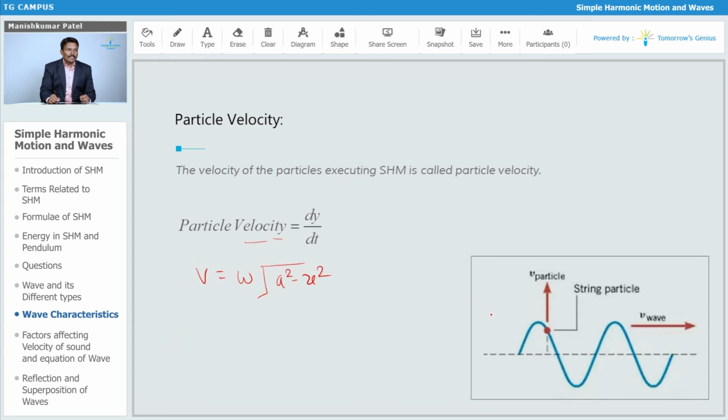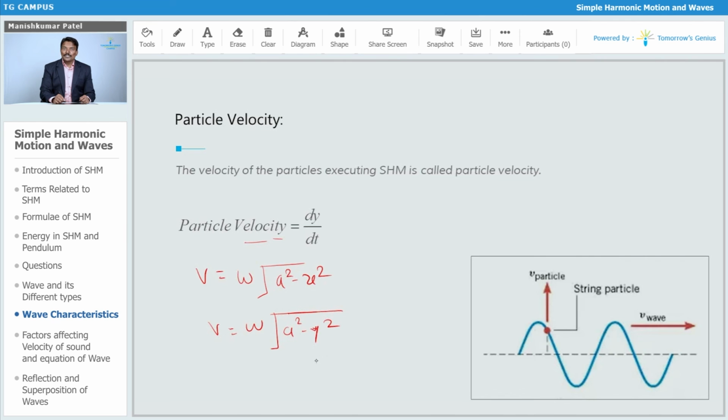Instead of this x, we can consider it as y. Along this y direction it's vibrating, so v equals omega square root of a square minus y square. This is the velocity of the particle with which it is going to do those vibrations, so we will call it the particle velocity.